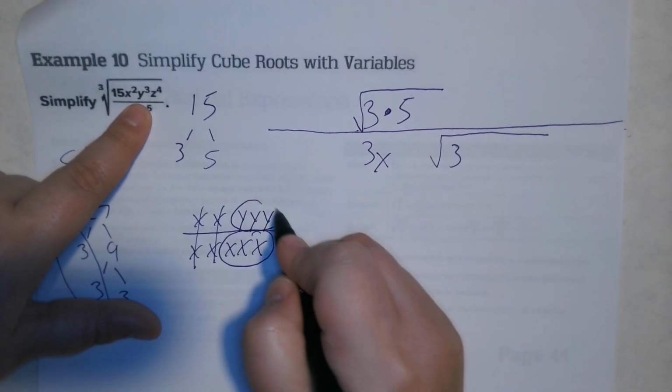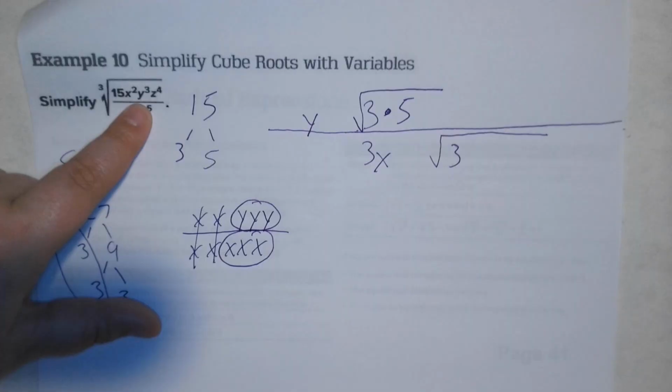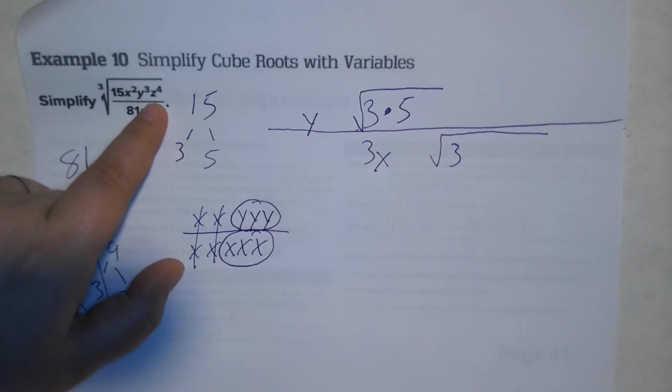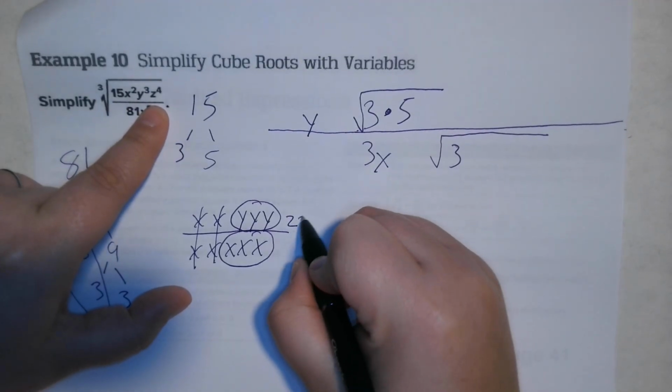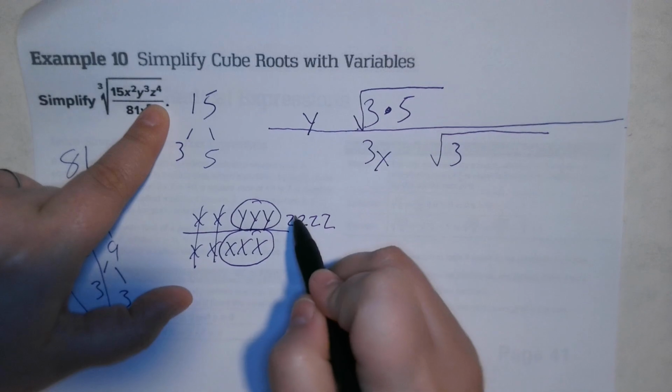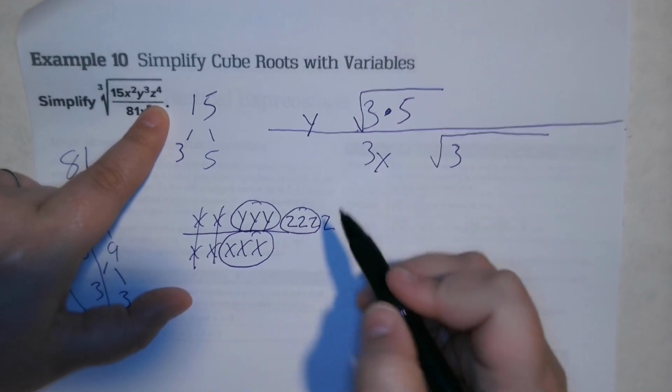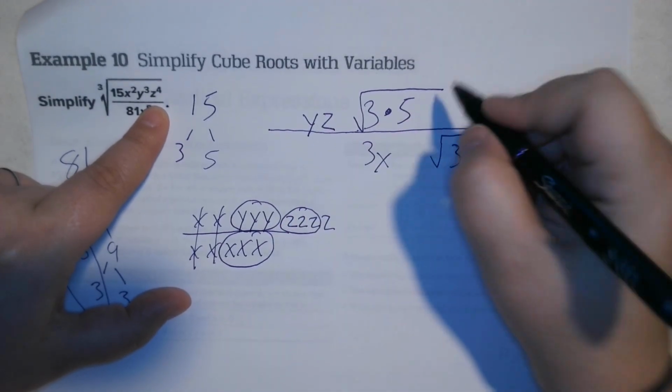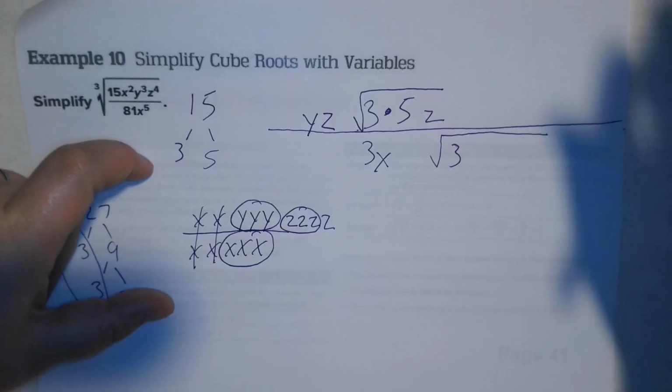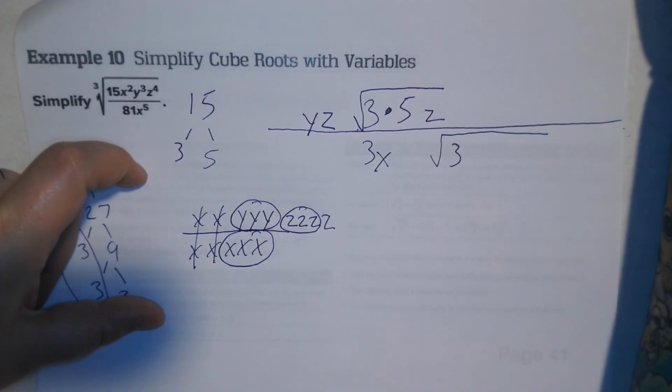I can circle that group and bring it out of the radical. Now I have z's on top. 1, 2, 3, 4. I can circle 3 of them, bring a z on the outside, and leave 1 z on the inside. Let me double check myself. Example 10. Yep, we're doing good.